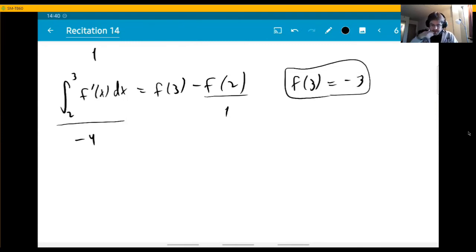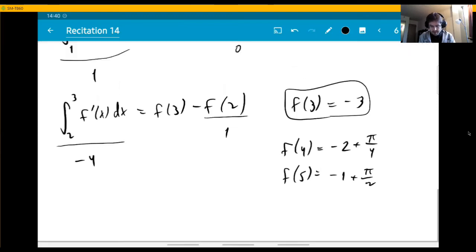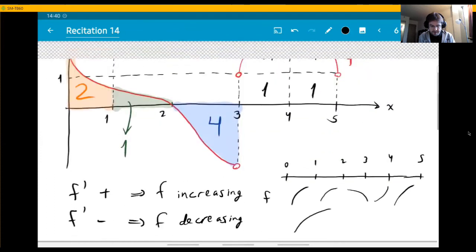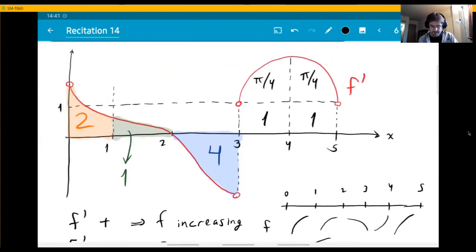This is how you find the other points, by the way. What is f of 4 and f of 5? They're going to be minus 2 plus pi over 4 and minus 1 plus pi over 2. Same process. Remember that the areas that we need for these ones we found in the beginning. Like now that you know f of 3, how are you going to find f of 4?